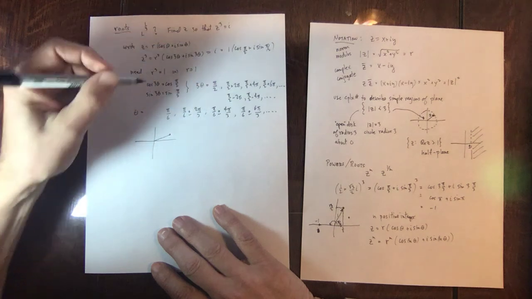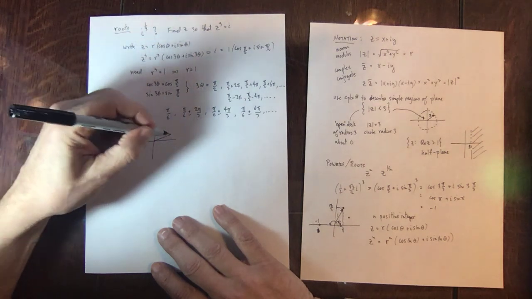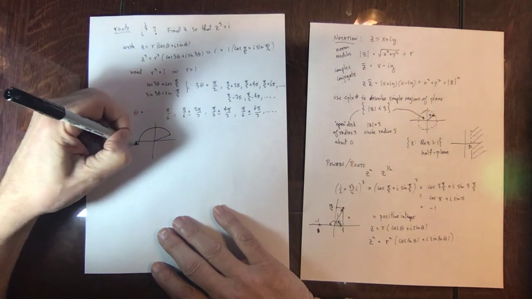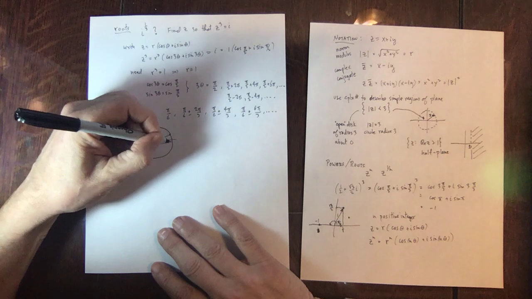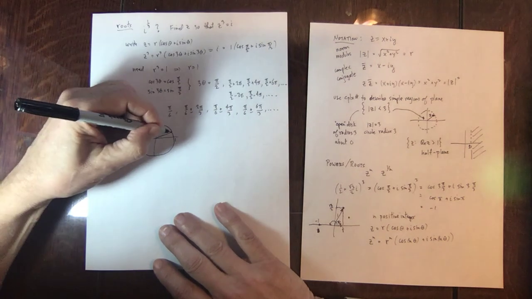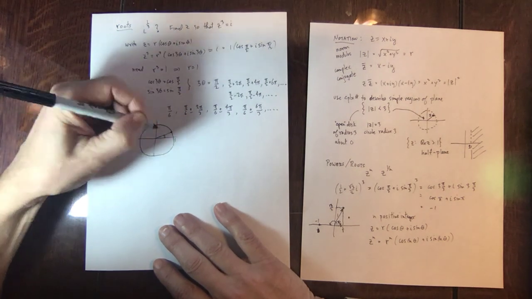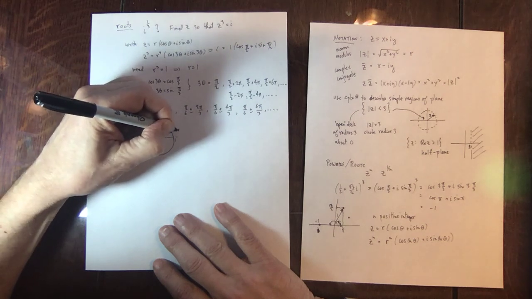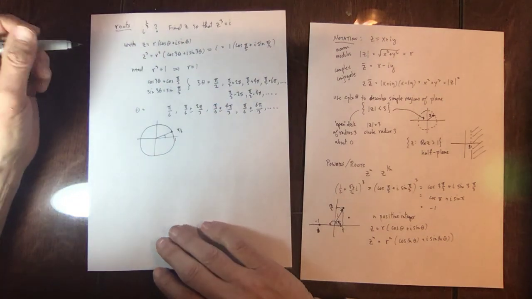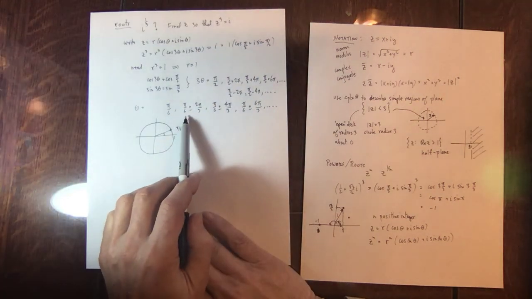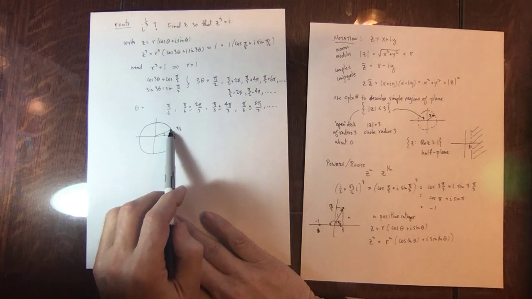And all the lengths are 1, so what I'm going to do here is draw the circle of radius 1. And then I'm going to have this where the angle is pi over 6. And so that's one solution, this complex number.